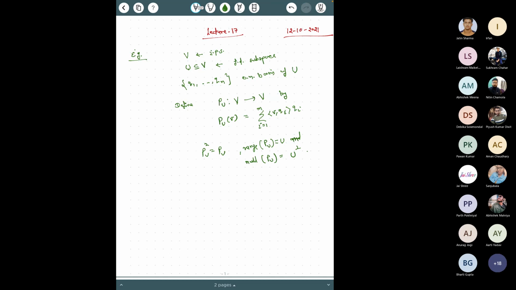Today I'll start the lecture with one direct application of this orthogonal projection. It is called approximating a vector by vectors from a subspace, also known as best approximation, or you can also consider it as a minimization problem.